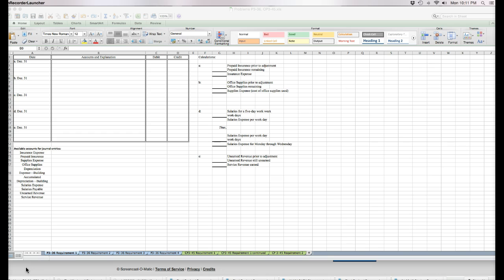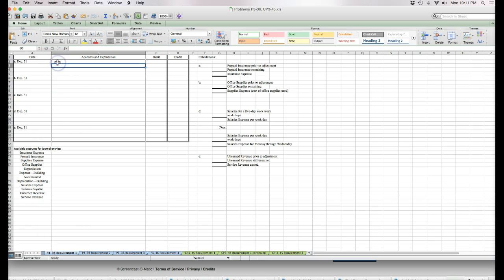And for P3-36, your first requirement is to do those particular journal entries. There are 5 adjusting journal entries that you'll be making for this problem. It gives you what's on page 188 of the text, an unadjusted trial balance.